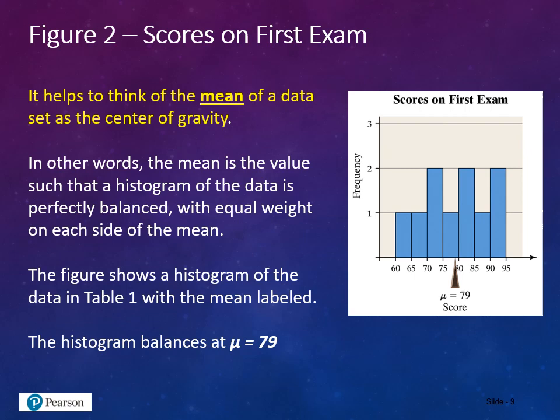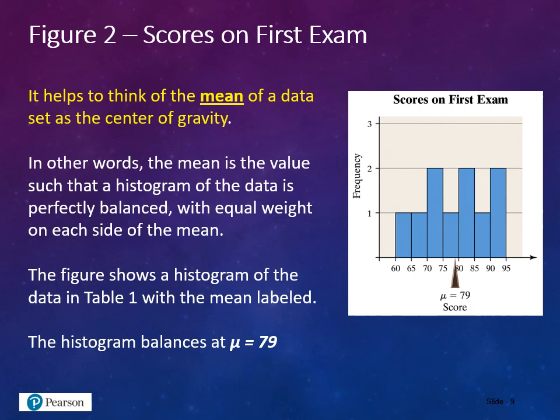Here we're looking at scores on a first exam across the board. It helps to think of the mean of a data set as the center of gravity, or the center of the charge, etc. In other words, the mean is the value such that a histogram of the data is perfectly balanced with equal weight on each side of the mean.